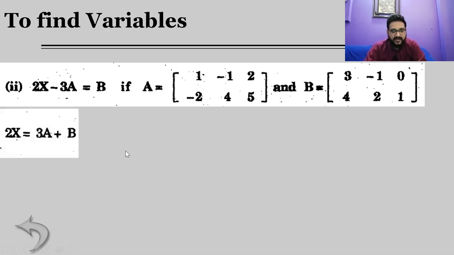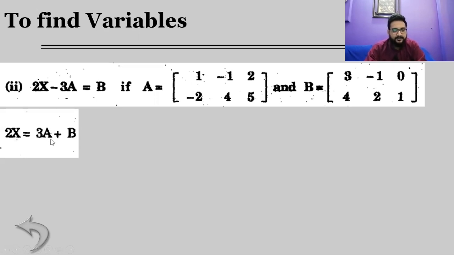Just to recall how to calculate this form. First we calculate the 2x in here, and the minus 3A is moved to the right hand side, where it becomes positive.